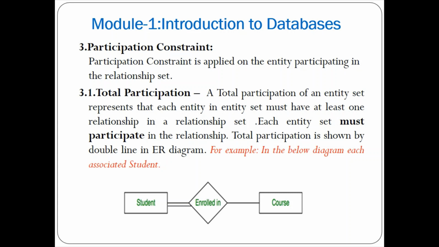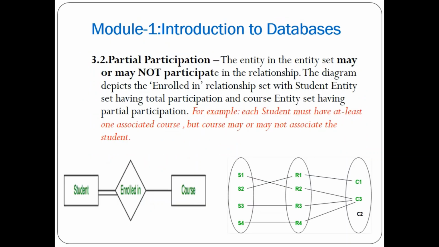What is partial participation? Partial participation specifies that each entity in the entity set may or may not participate in the relationship instance in that relationship set. We call it partial participation.